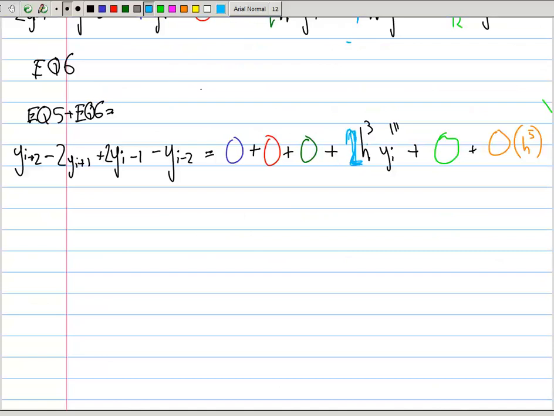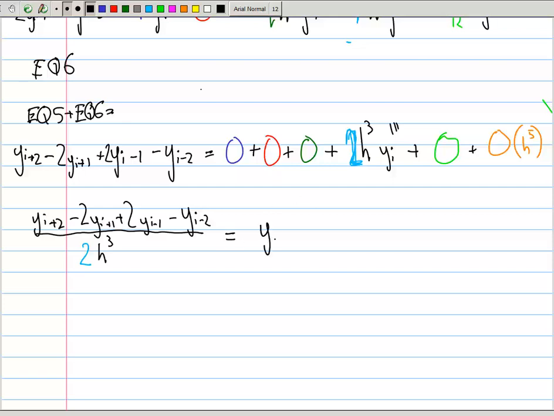So when we divide through by 2h cubed, on the left-hand side we're going to have yi plus 2 minus 2yi plus 1 plus 2yi minus 1 minus yi minus 2, divided by the 2h cubed, and that is going to equal yi triple prime plus our O(h to the 5).